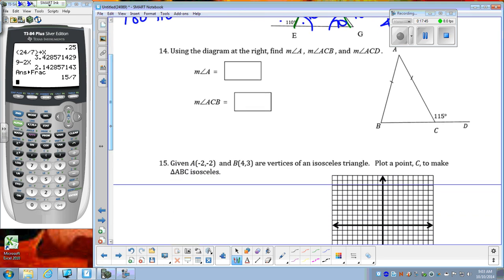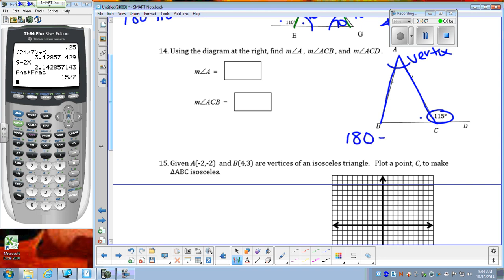Number 14. I want to use the diagram at the right to find the measure of angle A, which is my vertex angle, because AB is congruent to AC. I need to find ACB and ACD. Well, ACD is 115. I know ACB and ACD make a line, they're a linear pair.